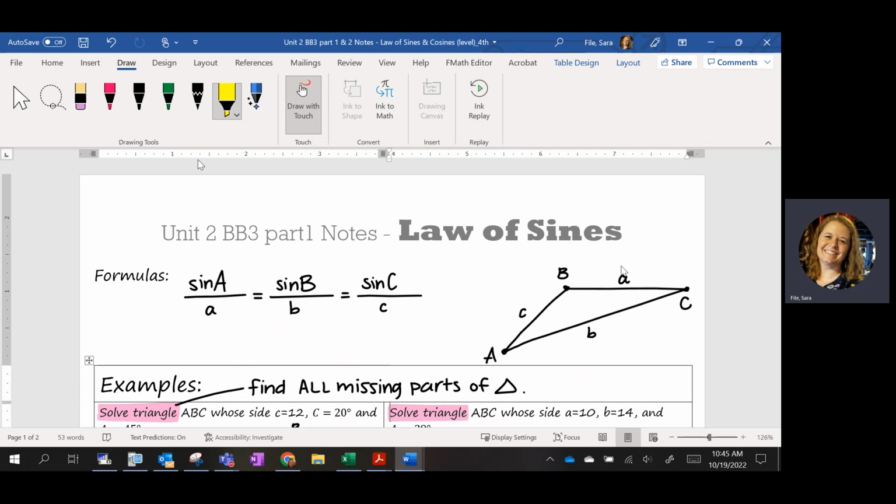What if I gave you angle C and angle A and side B? What if that was your given information?